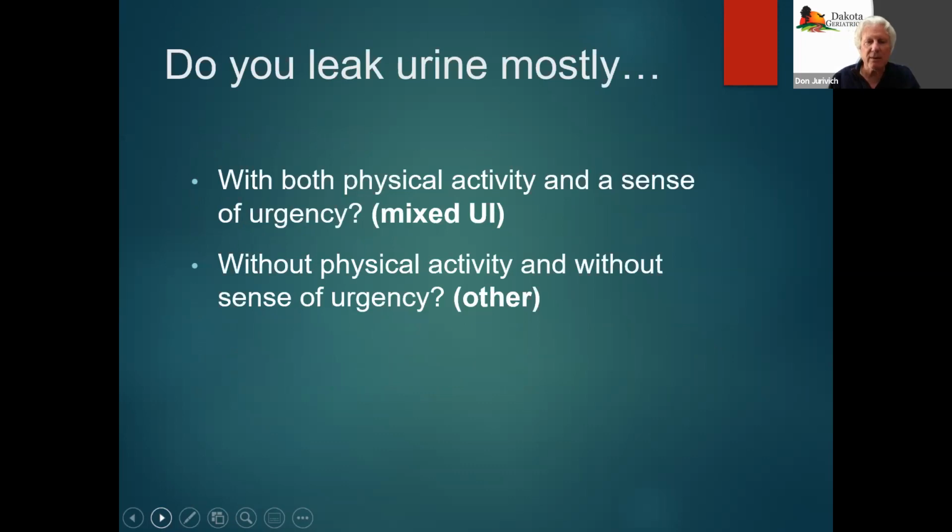So if it turns out that they have a sense of urgency, that they have to get to the bathroom really fast, and they also have episodes where they leak urine with a cough or with physical activity, that would be considered a mixed urinary incontinence episode. And then everything else would fall under all other, and that is most likely to be bladder outlet obstruction incontinence.